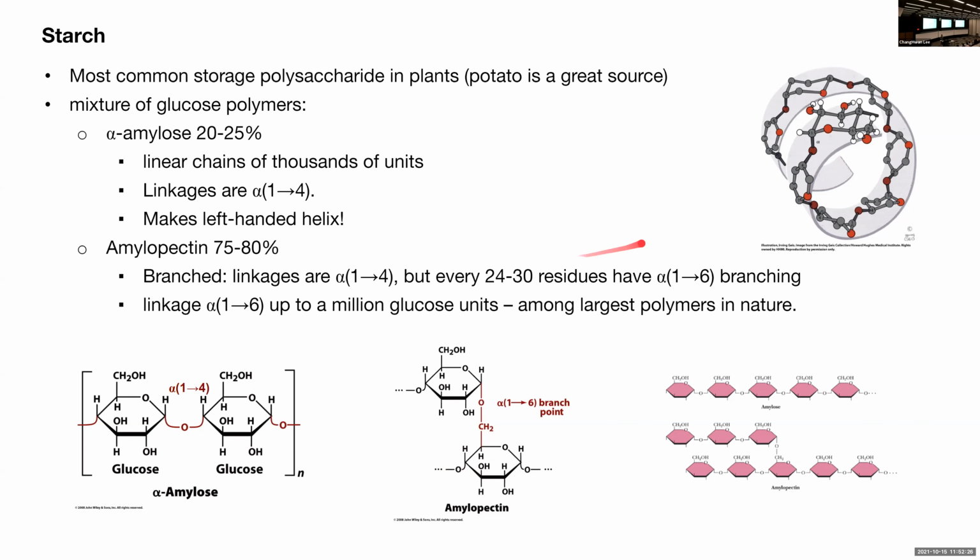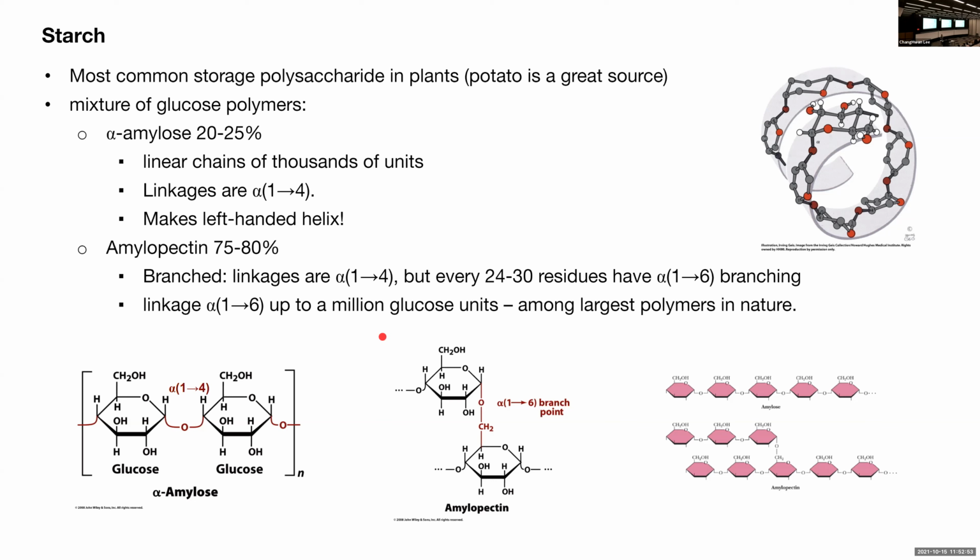And this will happen every 24 to 30 residues. And think about it, you can have tens of thousands of simple sugars connected to each other in starch, right? So you're gonna have a lot of branches. And for each branch, you can have more branches, basically making a really complicated, web-like structure that can store lots of glucose.